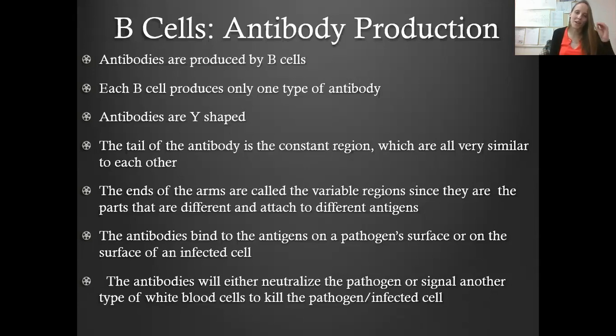Again, it's a specific response. The antibodies then bind to the antigens on the surface of the pathogen, which essentially stops that pathogen from being able to work anymore. And the antibodies also signal other white blood cells to kill that pathogen.